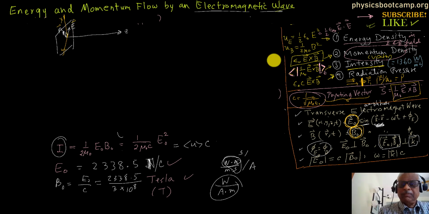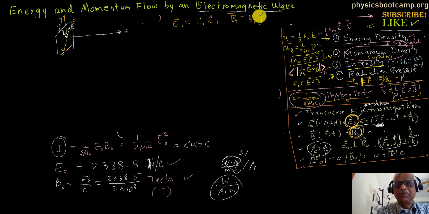So when I look at the momentum density for this case, maybe you can do it like this: E is E0 in the x direction, B0 is going to be B0 j hat, and k is k z hat. We'll choose that just for convenience.